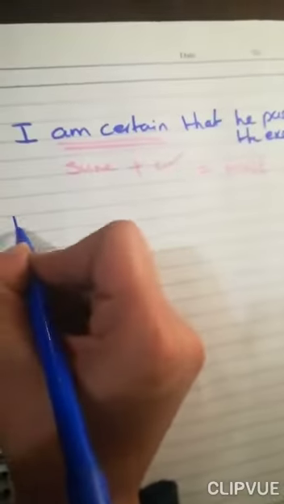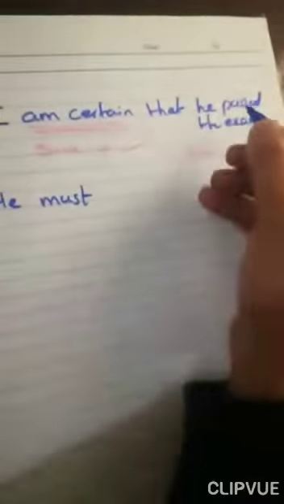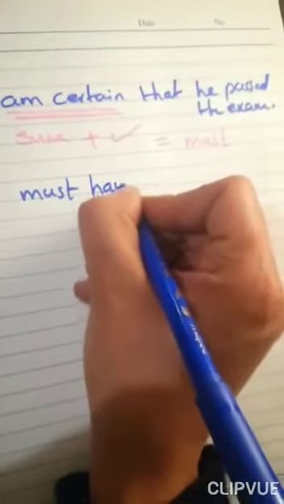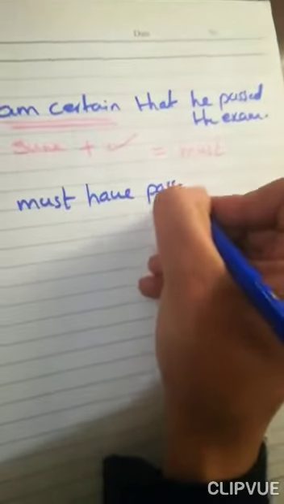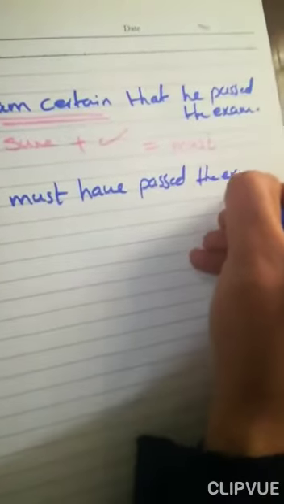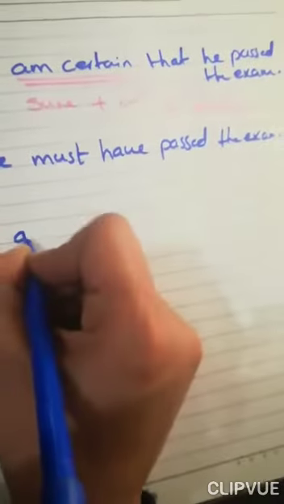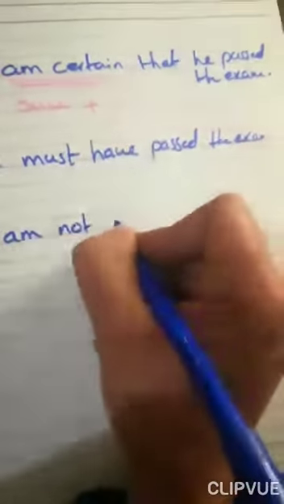Do I have a negative in this sentence? No, so it is positive, and I'm going to use must. The sentence is going to be: He must have passed the exam, because you're sure about something in the past.